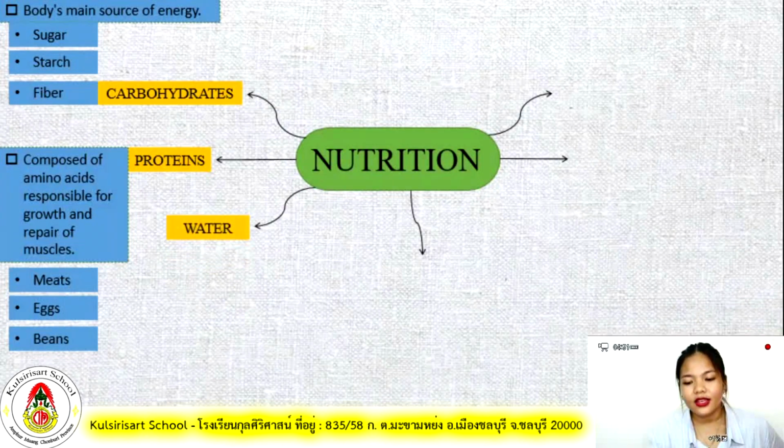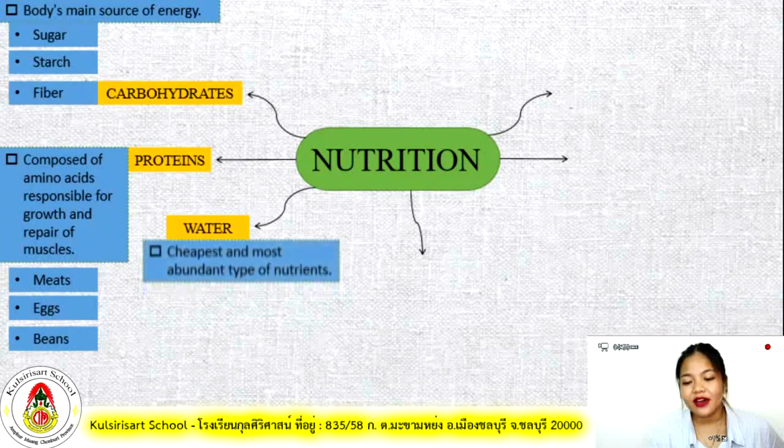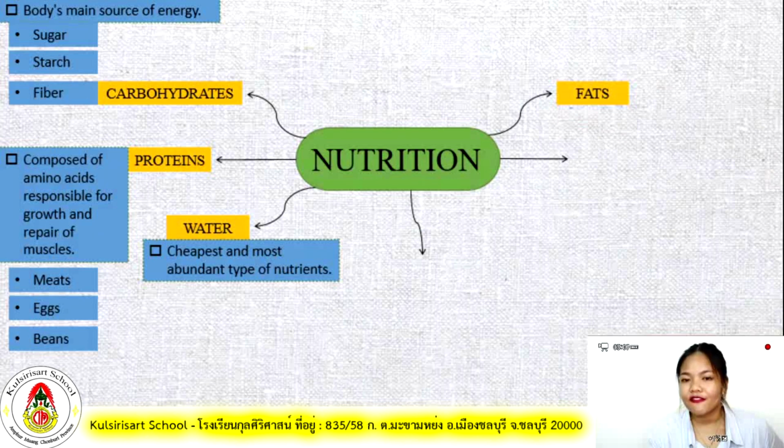The next one is water. The third nutrient is water. Water is defined as the cheapest and most abundant type of nutrient. Take note of that. The next one is fats. What do we mean by fats again?